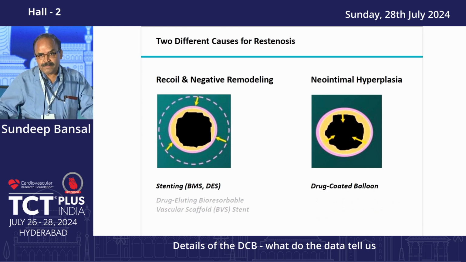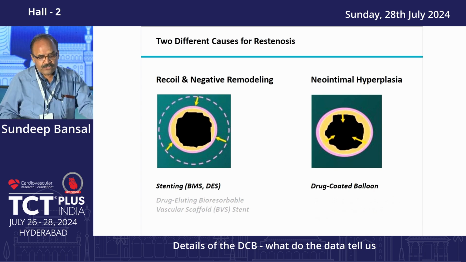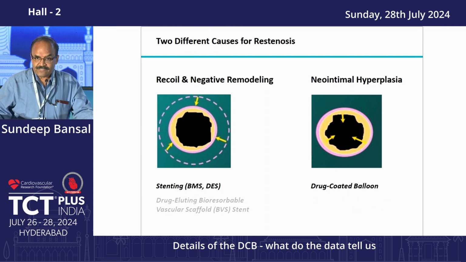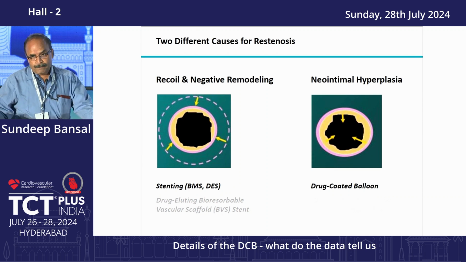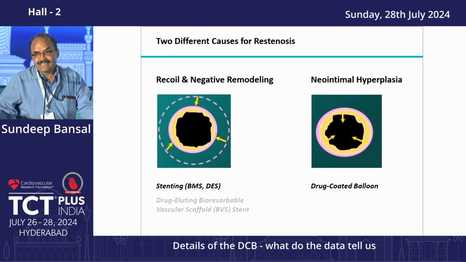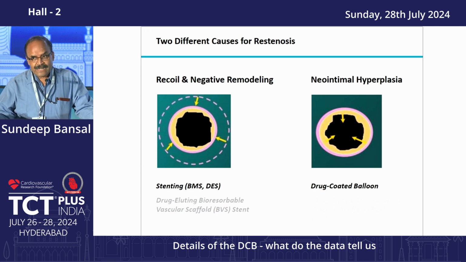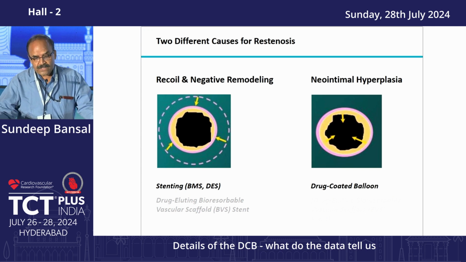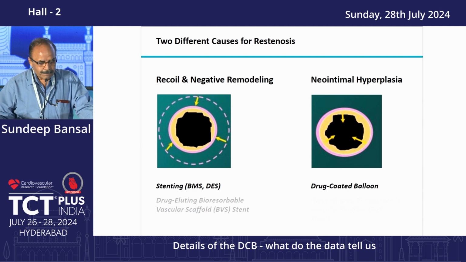So there were a lot of papers on how the restenosis occurs. And I still remember I made a note that two-thirds of the restenosis in a stent occurs because of recoil and negative remodeling, and one-third of it occurs because of neointimal hyperplasia.